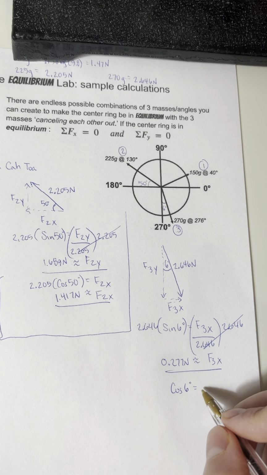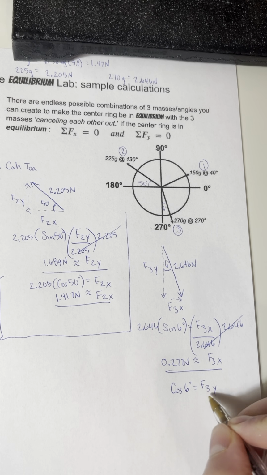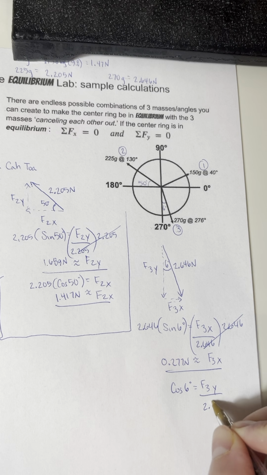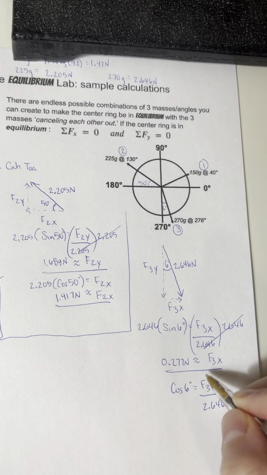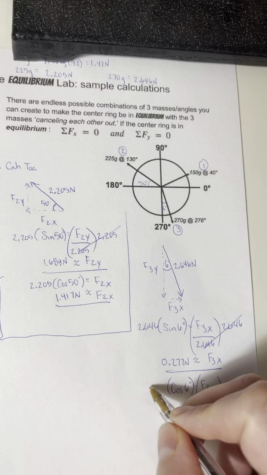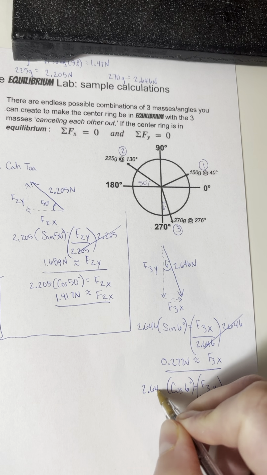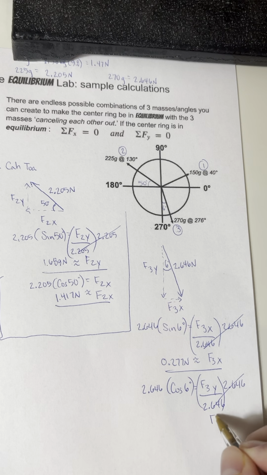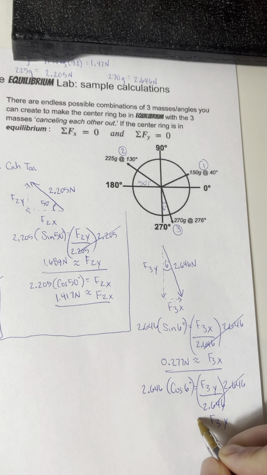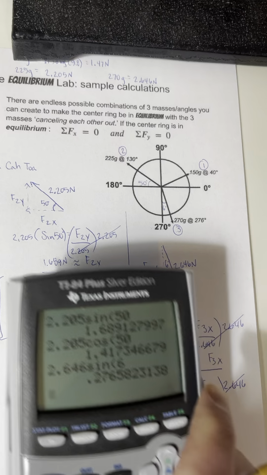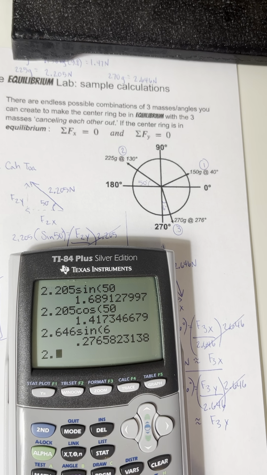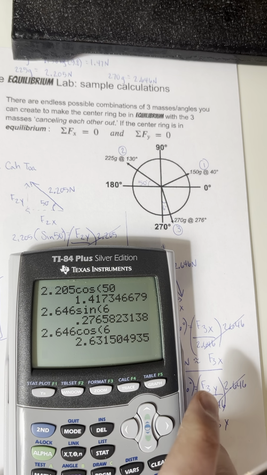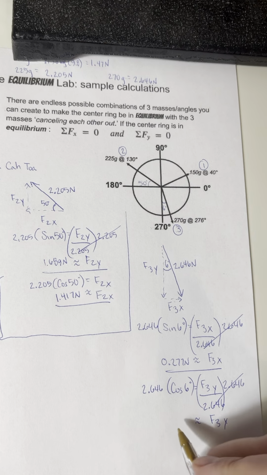So it's going to be the force of 3 in the y direction over 2.646. Multiply both sides by 2.646. So the force of 3 in the y direction is approximately 2.632 newtons.